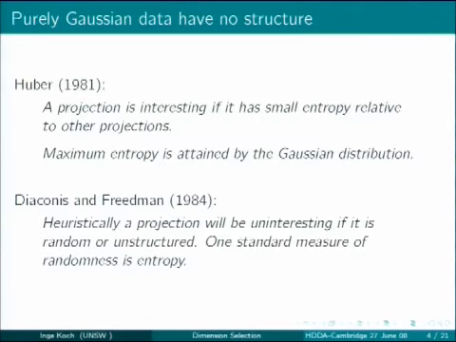So, maximizing non-Gaussianity. In '81, Huber said a projection is interesting if it has small entropy relative to other projections. Or, put it differently, the Gaussian distribution is the distribution that gives us the maximum entropy. Diaconis and Friedman, a little while later, said heuristically a projection is uninteresting if it is random or unstructured.